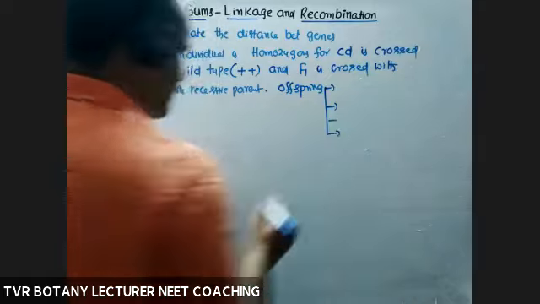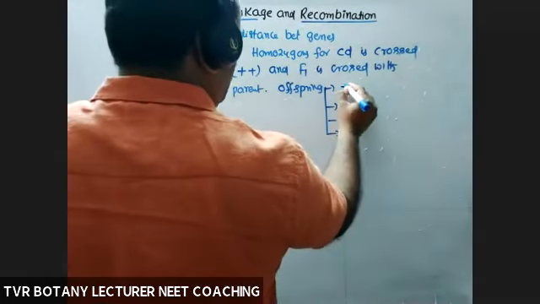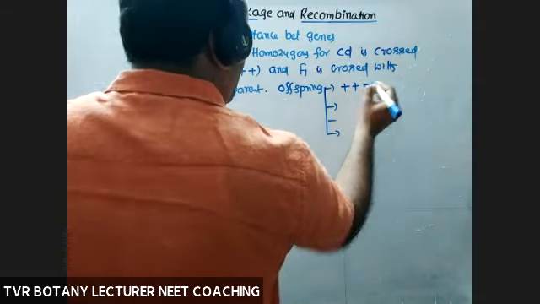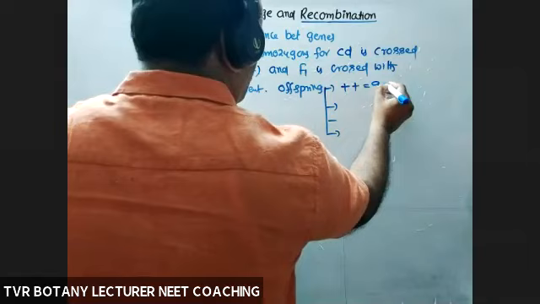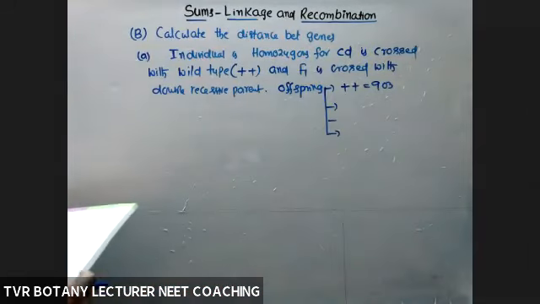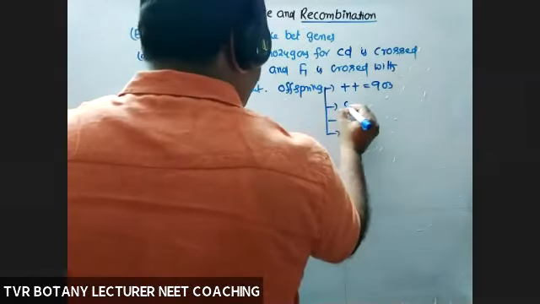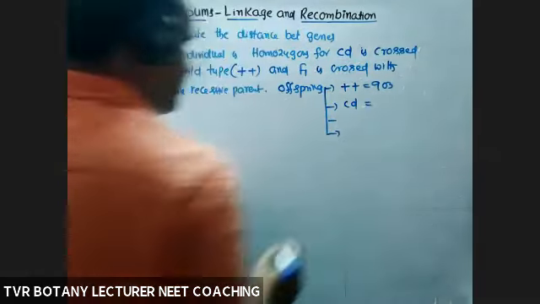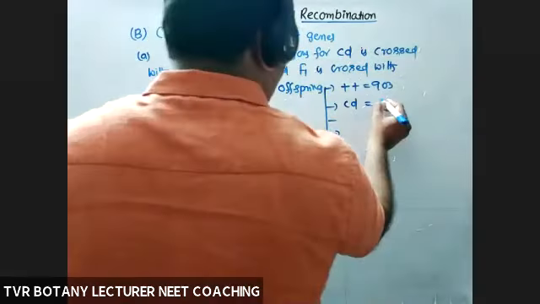They are giving progeny also. Plus means homozygous wild type. How many? 903. Total number of plus individuals in that offspring, 903. Next, CD means homozygous recessive, 897.